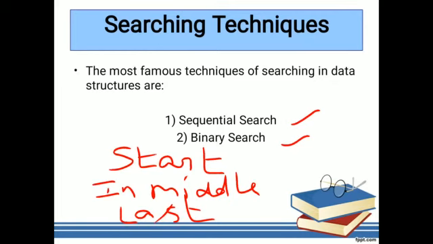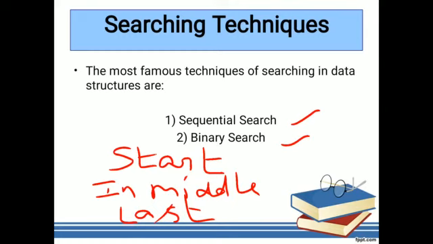If the element is located at the last position and the list of elements is small, then no problem. We will traverse from the first element to the last element and we will find the element. But if the number of elements in the list is large, then to find the element located at the last position, we need to traverse from first to last.